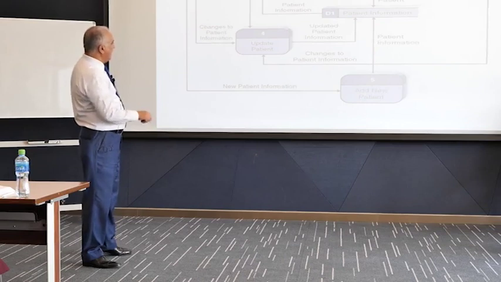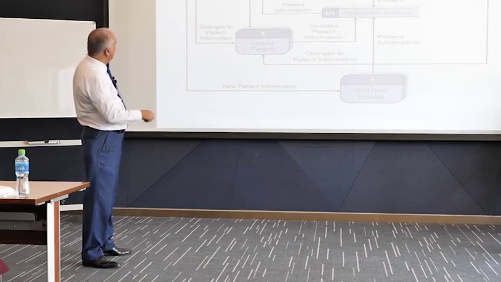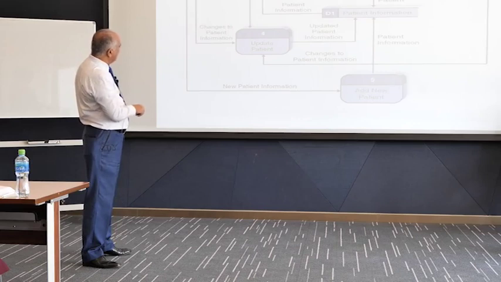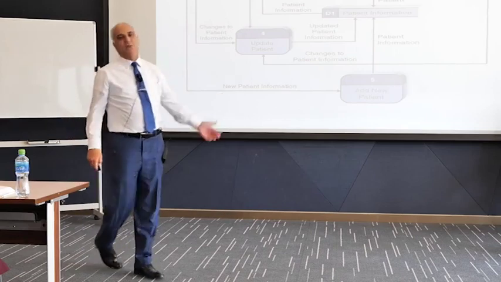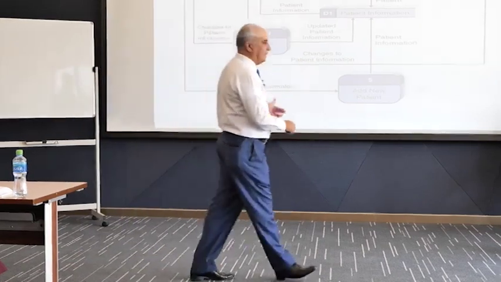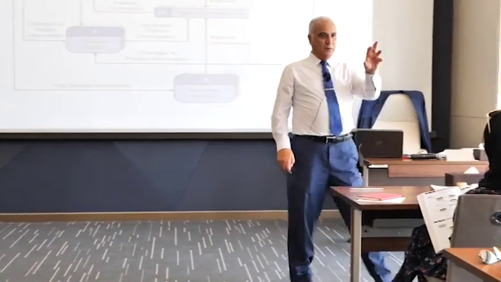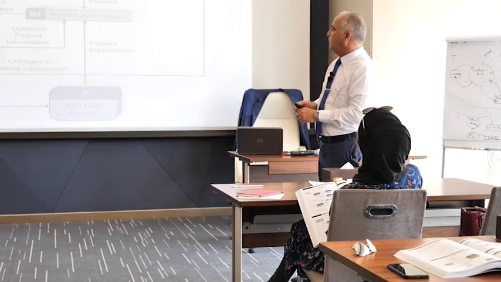And here is update, which is adding to the patient. So that is adding. If you remember, we could take all this and call it patient registration. We discussed that.